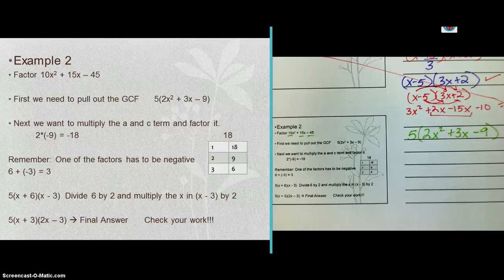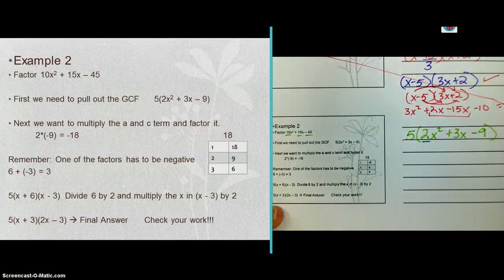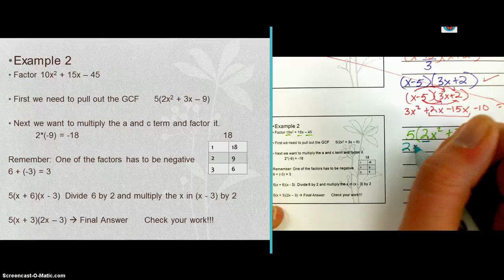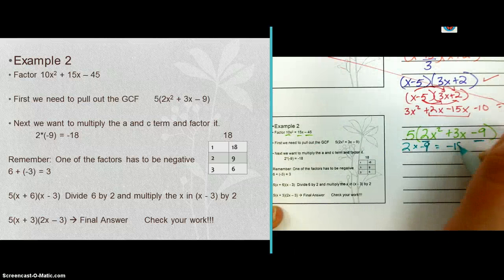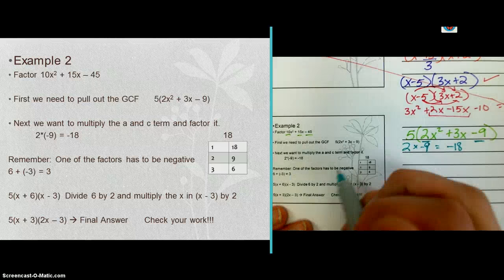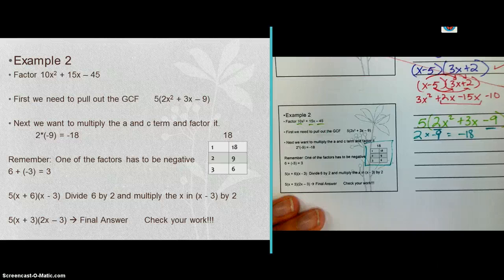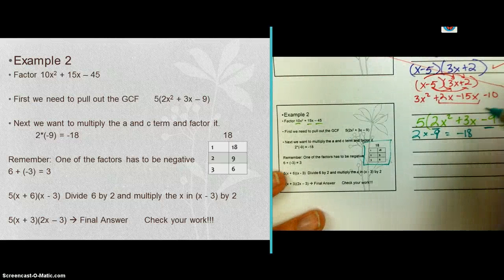So I want to multiply my a term and my c term in order to see what number I'm trying to factor. My a term in this case is 2, and my c term is negative 9. So 2 times negative 9 gives me negative 18. I have the factors of 18 already listed over here. So we just need to find 2 that end up being positive 3.